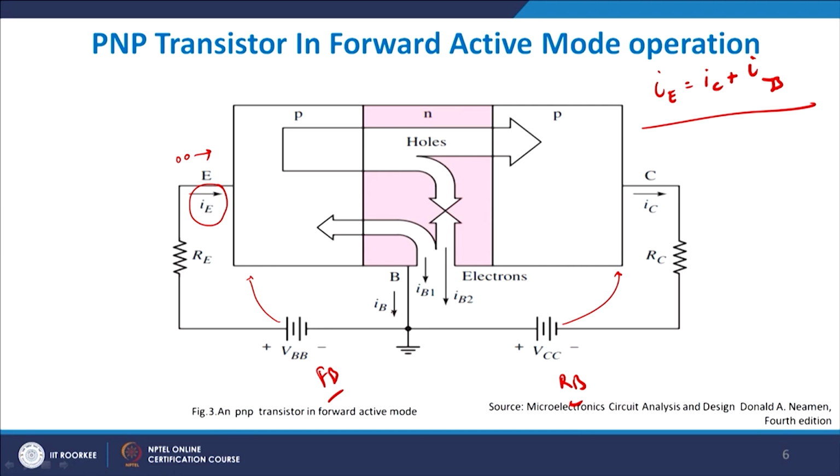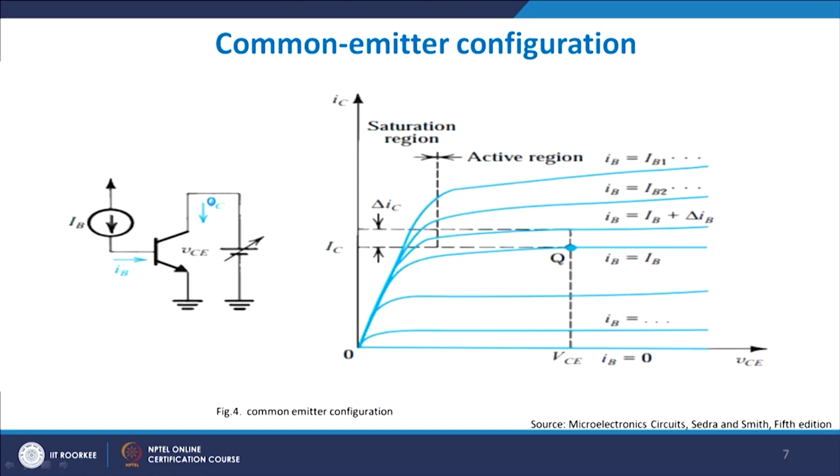Electrons and holes will combine to recoup that many electrons. Electrons will be moving in this direction, so holes will be coming out in this direction. So, you see IB2 is due to that electron recombination, and the rest of the holes move in this direction, and therefore IC is always in the outward direction. So, IE equals IB plus IC. RC and RB are the resistances which you see in a typical operation.